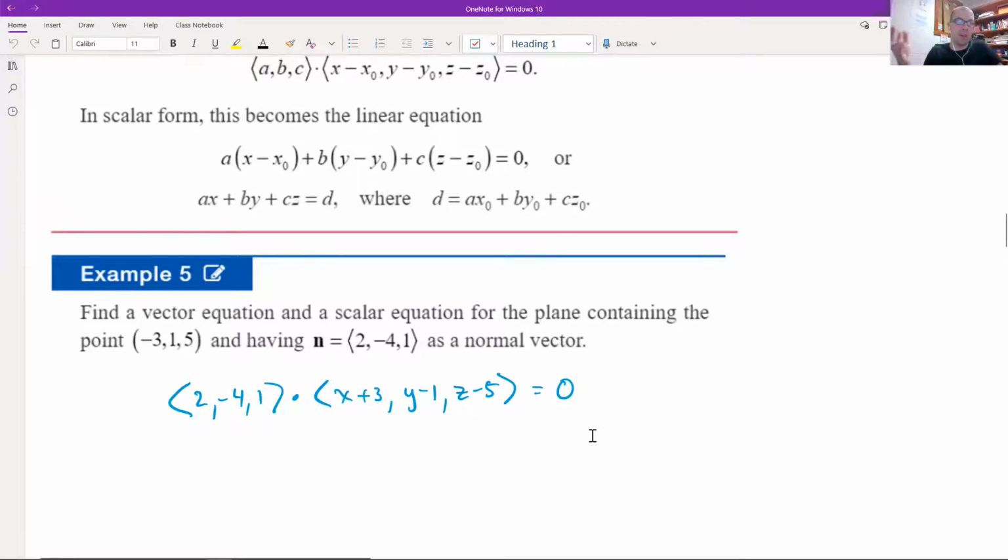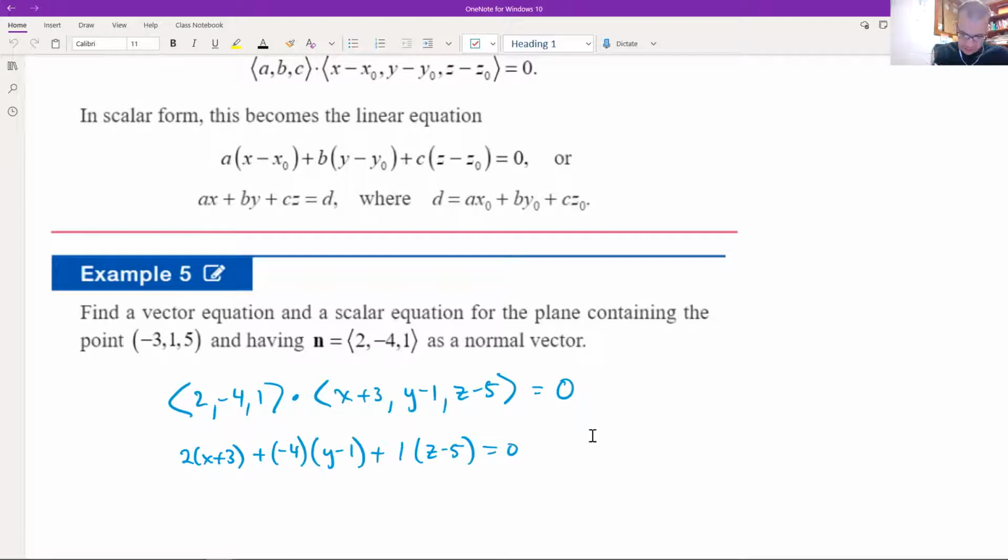And then in order to get the scalar equation, we just take the dot product. So we'd have 2 times x plus 3, and -4 times y minus 1, and 1 times z minus 5 equals 0.